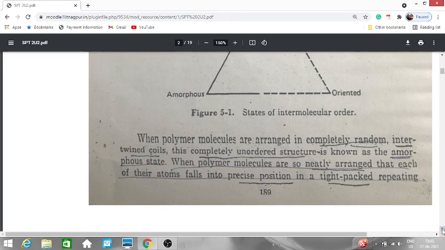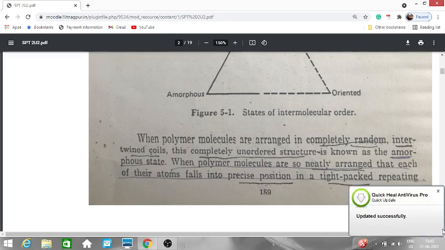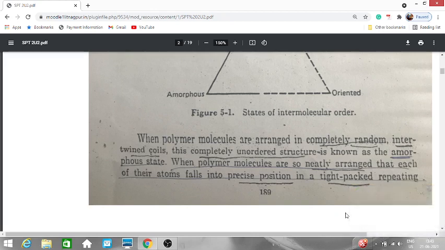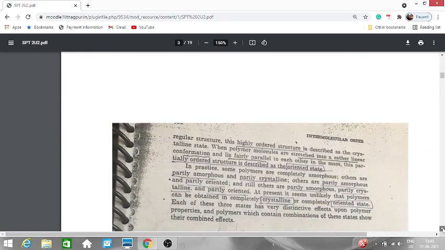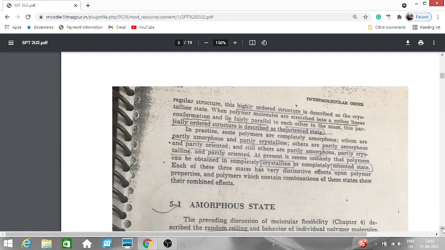When polymer molecules are arranged in completely random intertwined coils, this completely unordered structure is known as the amorphous state. Like you know, in amorphous there is no orderly arrangement; it is completely unordered. When the polymer molecules are so neatly arranged that each of their atoms falls in a precise position in a tightly packed repeating regular structure, this highly ordered structure is described as the crystalline state.